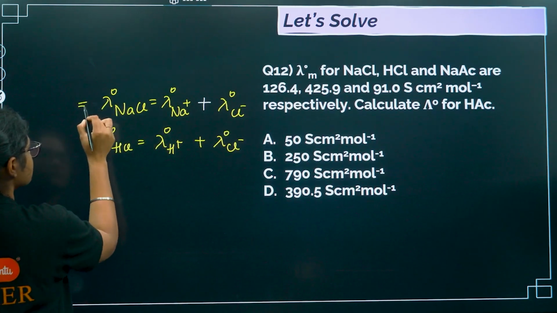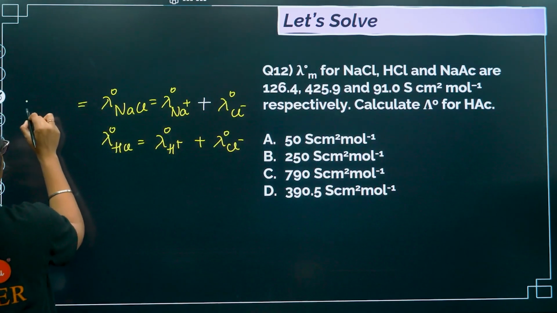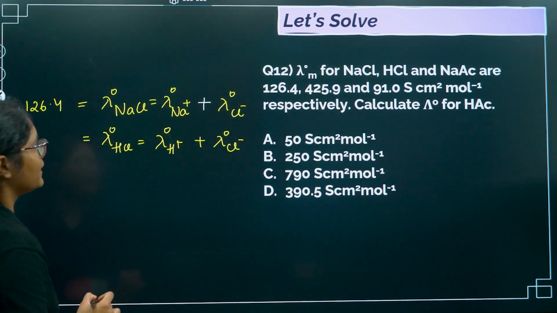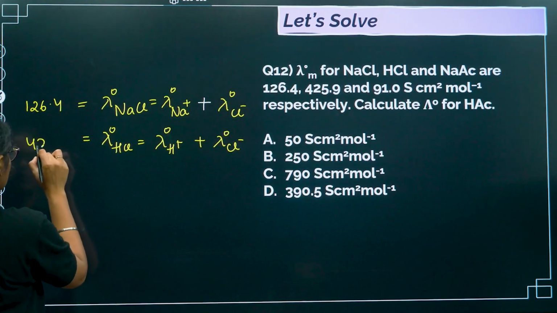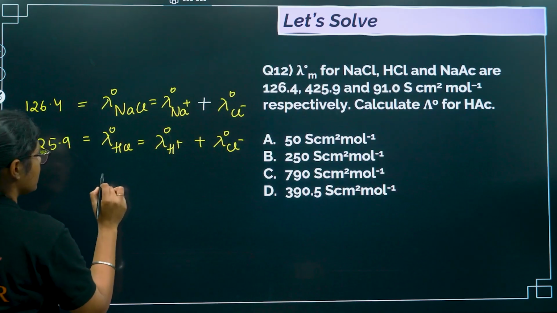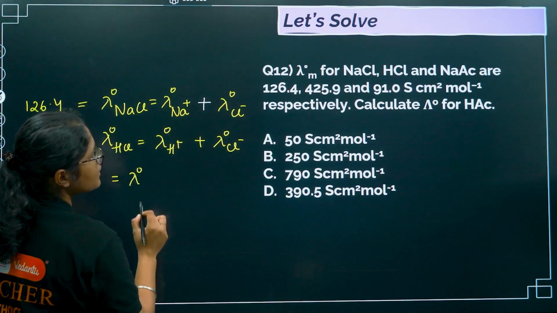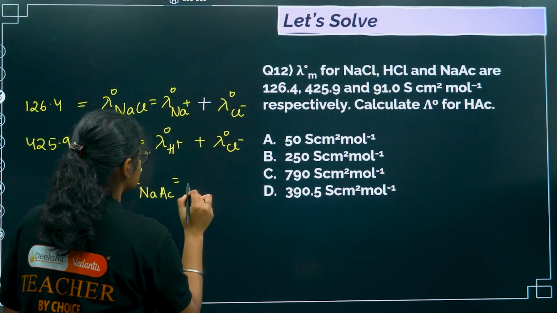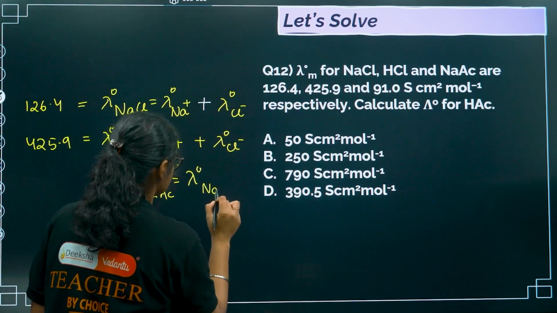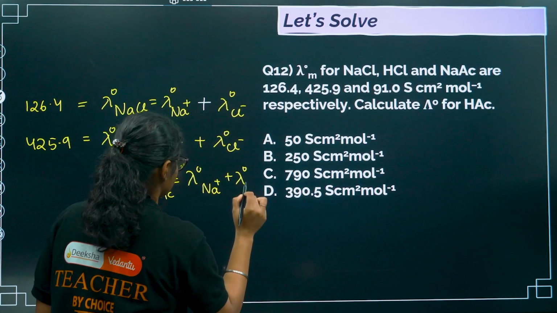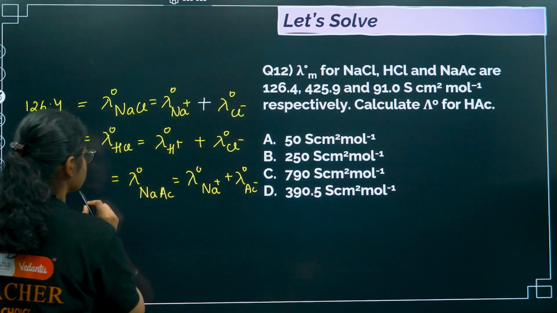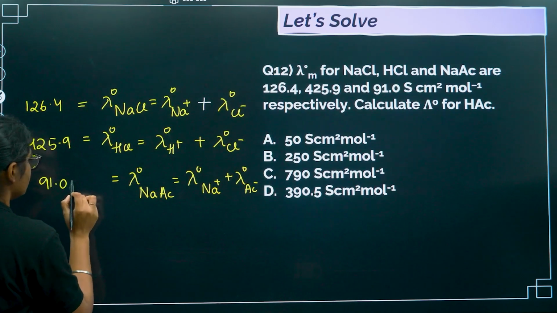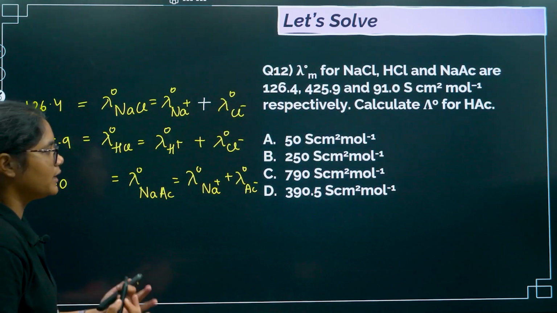The values given are 126.4 for NaCl and 425.9 for HCl. Then lambda naught for NaAc is equal to lambda naught of Na plus and lambda naught of Ac minus, and this value is given as 91.0, in S centimeter square mole inverse.